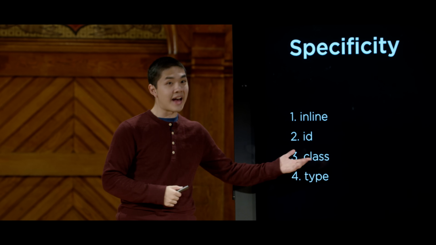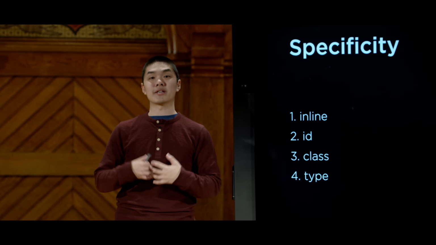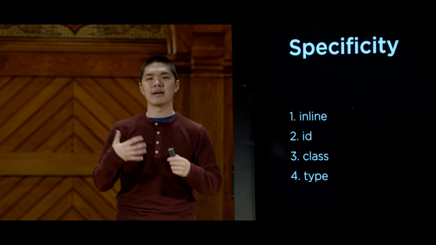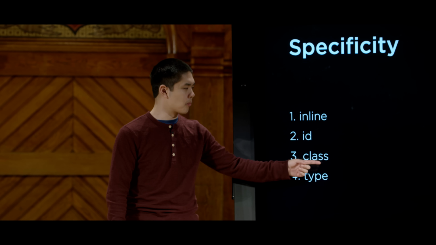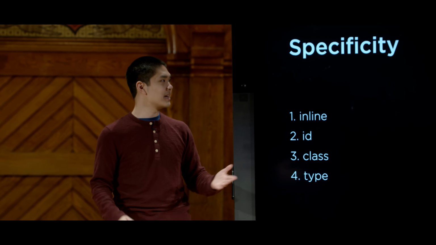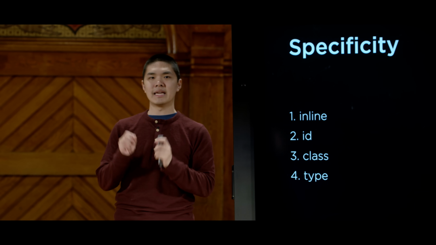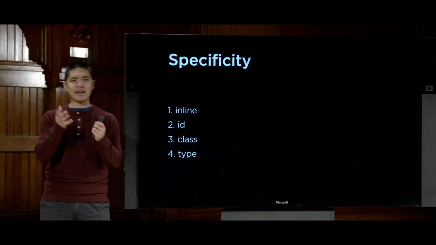And if so, then that takes next precedence. And otherwise, then, we fall back to what type of HTML element it is. Is it an H1? Is it an ordered list? Is it a table? So in short, the type is the least specific, class is slightly more specific, ID is more than that, and the most specificity we can provide is by literally putting the CSS in line with the HTML element itself.